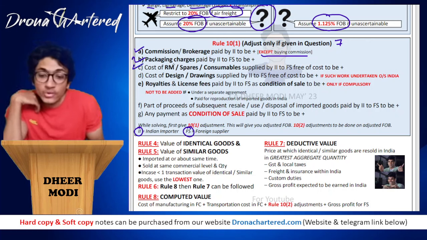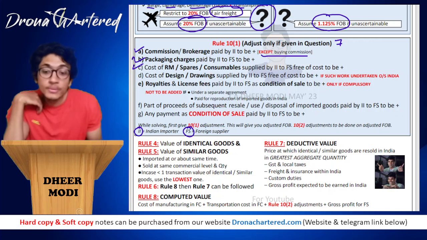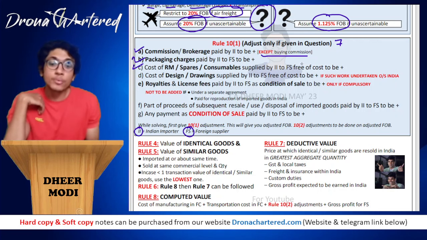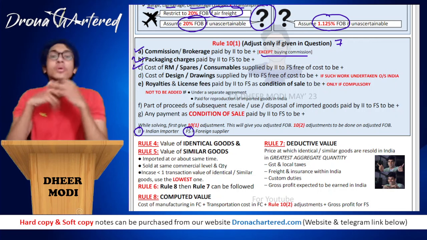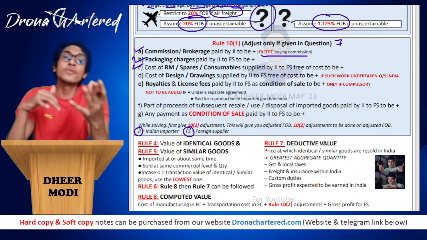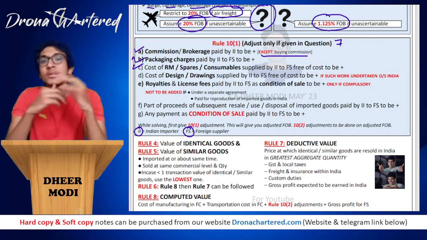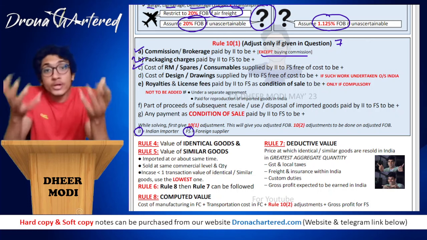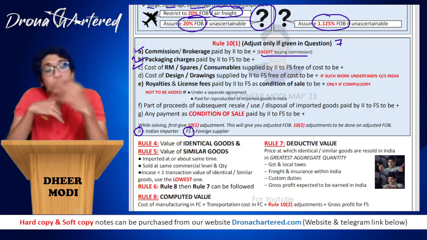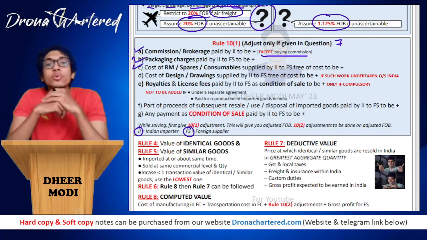Next is your cost of raw materials, spares, consumables supplied by your Indian importer to your foreign supplier free of cost, to be added. Because what happens, for example, if I've told my foreign supplier, boss, I need a machinery made of steel. So to reduce the cost so that I have to pay less import duty, what do I do? I'll tell him, boss, I'll export you the steel.